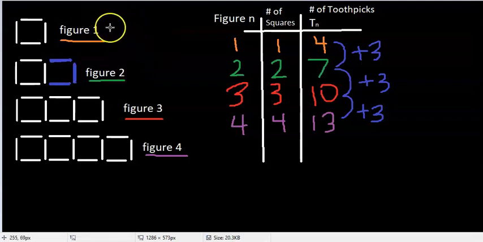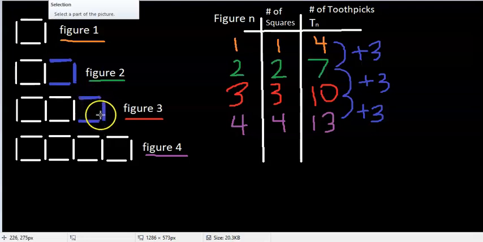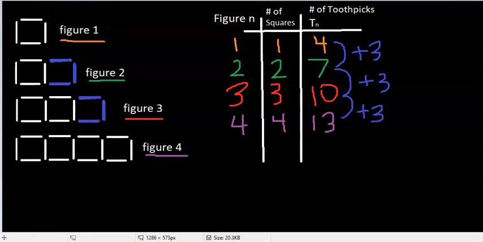So it would seem like as the figure increases in squares, we would add this train or chain of 3 toothpicks. So we do that for Figure 3, because Figure 3 has 3 squares, so we add 1 chain of those 3 toothpicks to make for that extra square, and we do that for Figure 4 as well. So we start observing that our train of squares is really a chain of 3 toothpicks that add on to each other.